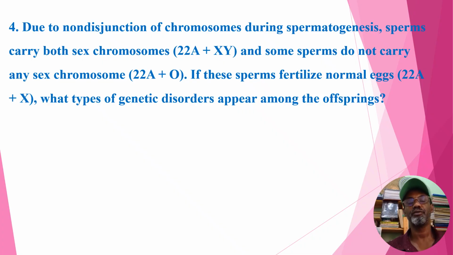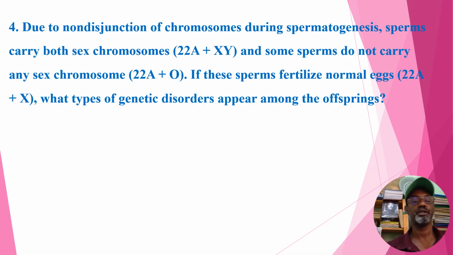Due to non-disjunction of chromosomes during spermatogenesis, sperms carry both XX chromosomes, or 22A plus XY. Some sperms do not carry any sex chromosome, just 22 autosomes. If these sperms fertilize a normal egg, that is 22 autosomes and one X, what is the result of the fertilized embryo's chromosomal abnormality?